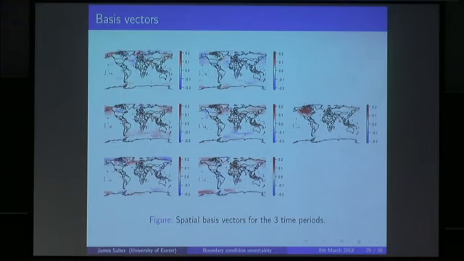Initially we had 2 spatial vectors for each time period, then ended up adding a 3rd for the middle one because we were getting quite cold temperatures in North America, and from discussions with the paleoclimatologists, they thought this was too cold. So we went back and added a new basis vector, which, if we set its coefficient to 0, still gives the cold temperatures, but we can now also achieve warmer temperatures, which they believe is slightly more realistic.